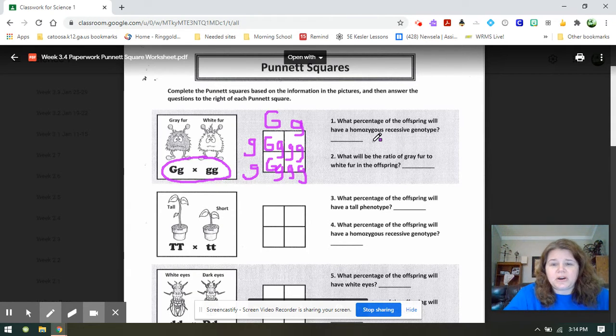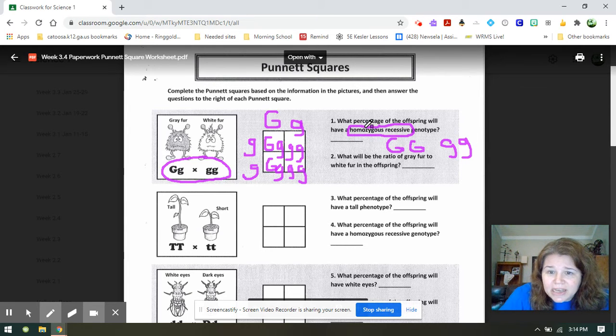Then we go over to our sentence, and we have to decipher what it's asking us. It's saying, what percentage of the offspring will have homozygous recessive genotypes? This is what's important right here. We have to be able to look at these vocabulary words and know what they're looking for. Homozygous means the same allele. So we're either going to look for capital G or lowercase g when we're talking about homozygous.